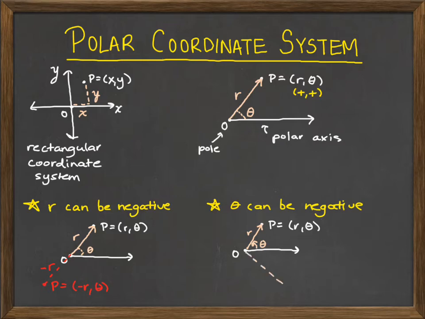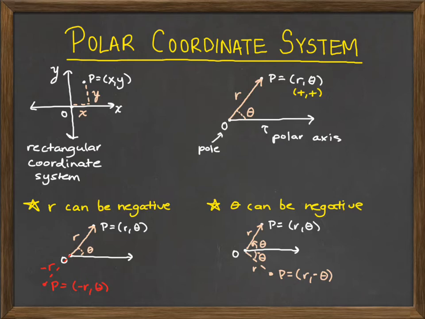So we're going to go clockwise, and this is going to be negative theta. And then we still have our distance r. So r is a little bit shorter in this diagram. And then we get to the point P equals (r, negative theta). So if you look, every time I'm plotting a point, I use the angle first and then I use the distance r.